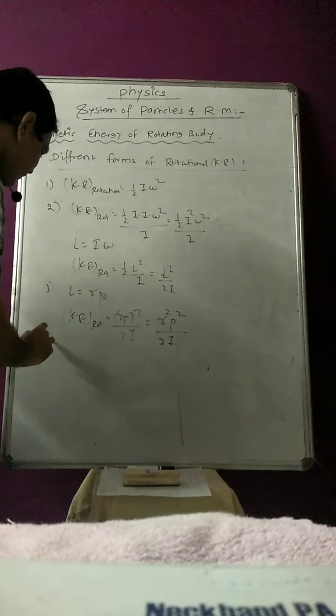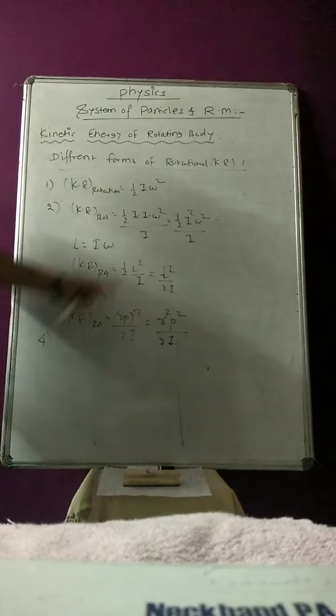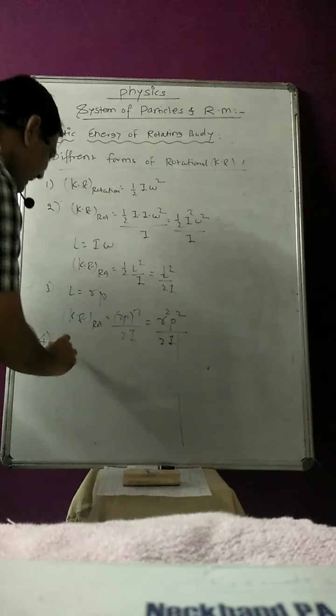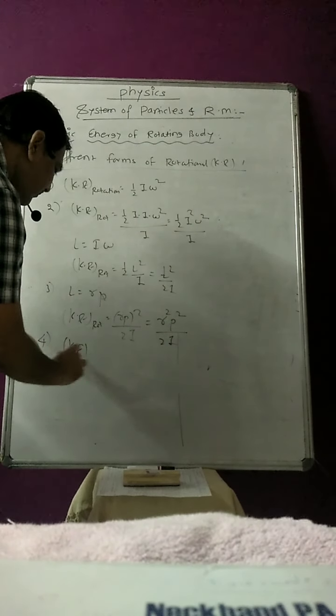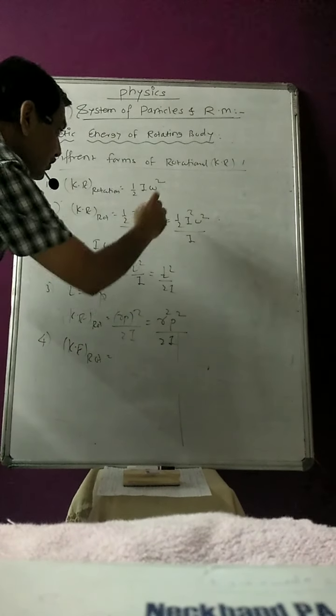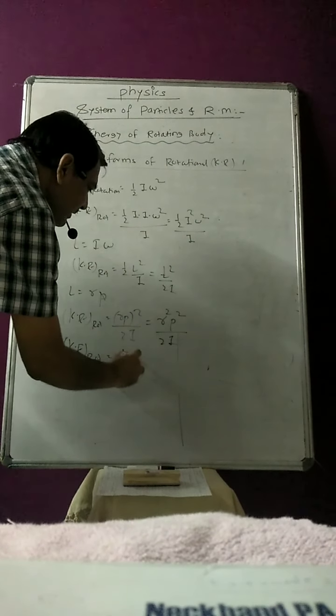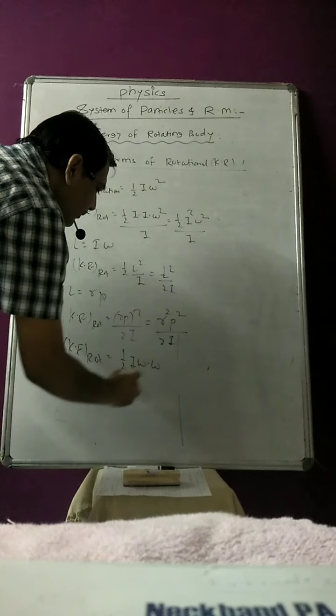That will be the next form. Next, the kinetic energy of rotation can also be written as 1/2 I omega into omega.